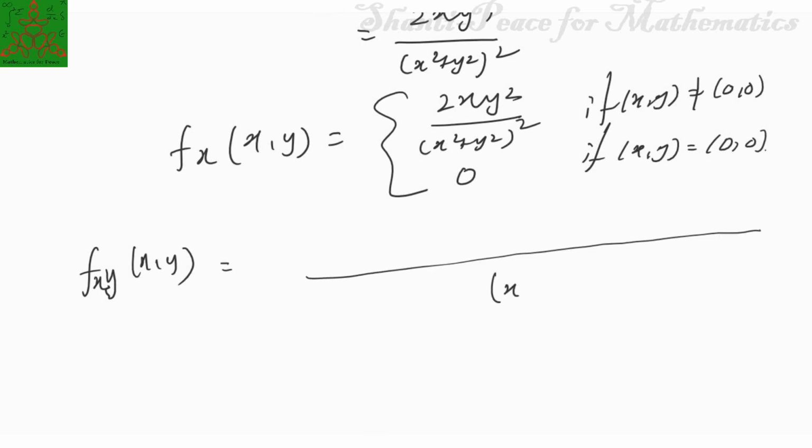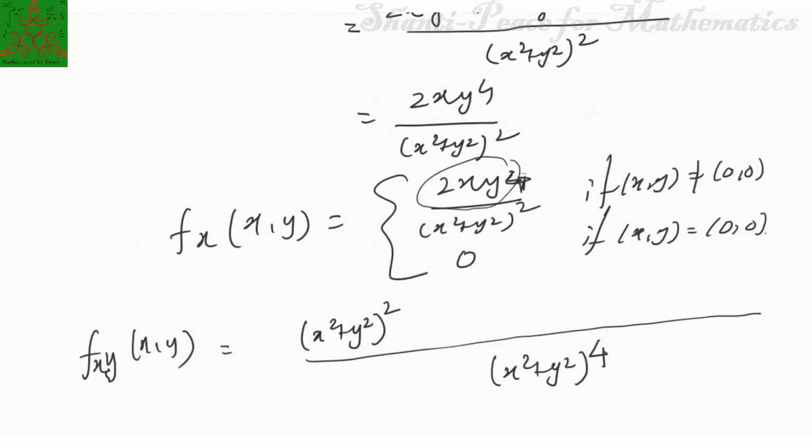Applying the division rule, we have x square plus y square whole square into the derivative of 2xy raised to 4 with respect to y, which gives 8xy cube, minus 2xy raised to 4 as it is, into the derivative of x square plus y square whole square, that is 2 times x square plus y square into 2y.